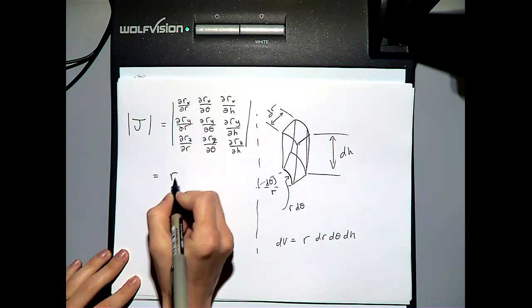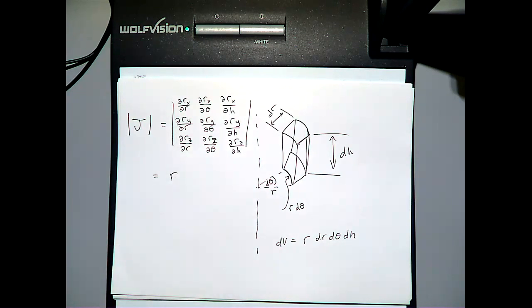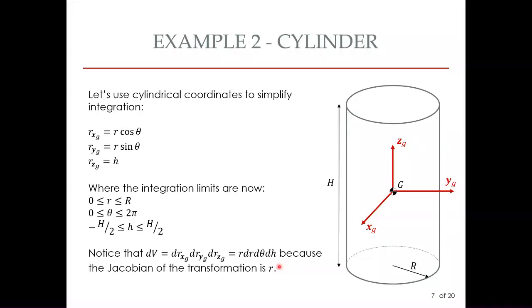And this you will get r, where these are the formulas for the transformation. This is a convenient choice for the transformation to work with r, h, and theta.